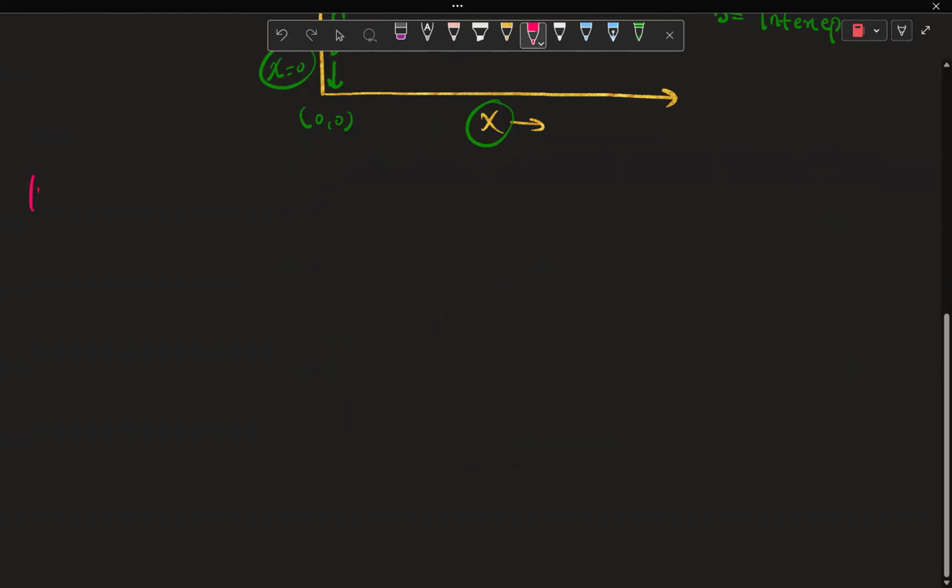What is the meaning of intercept? The value of y when x is 0. This is called your intercept, guys. Okay.